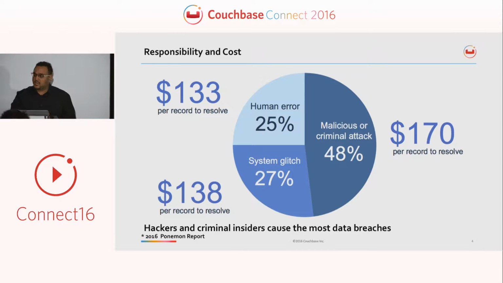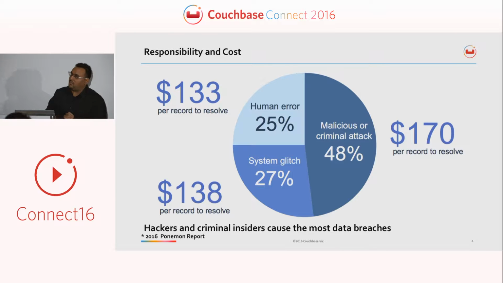The pie chart says that the most common one is due to malicious or criminal attack. The more interesting part is that it's hackers and criminals, many of them insiders within organizations, causing these attacks. There are also other causes of security breaches, human errors, misconfigurations, system glitches, and those also share quite a bit of percentage within this pie.